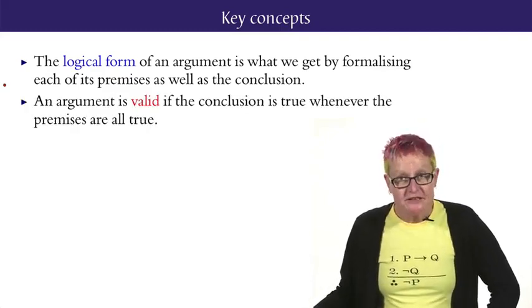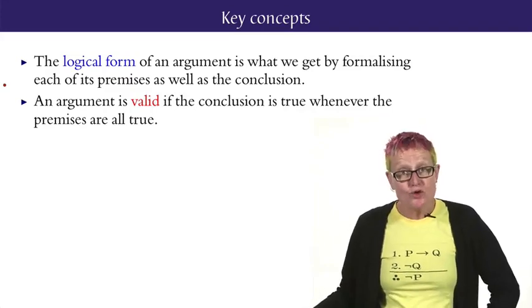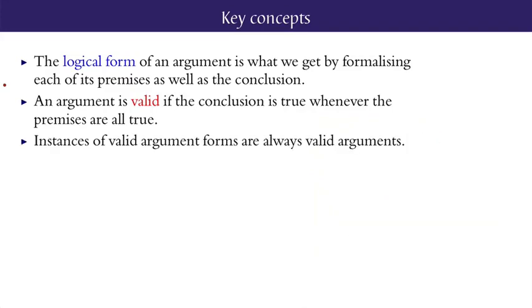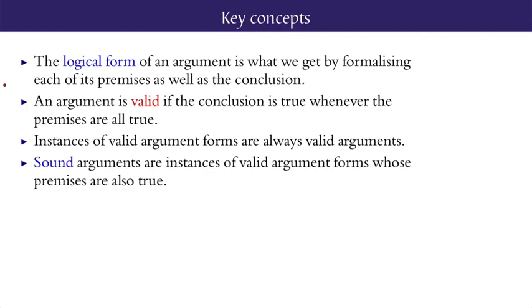An argument is valid if and only if the conclusion is true whenever the premises are all true. Instances of valid argument forms are always valid arguments. Sound arguments are concrete instances of valid argument forms whose premises are also true.